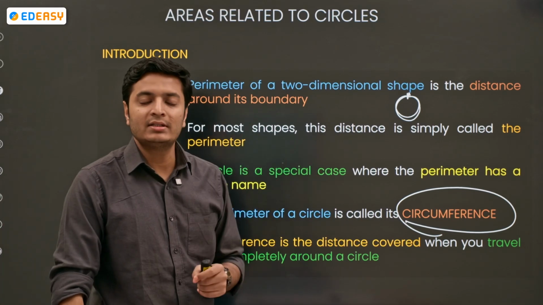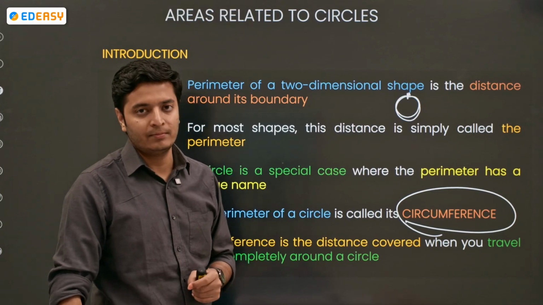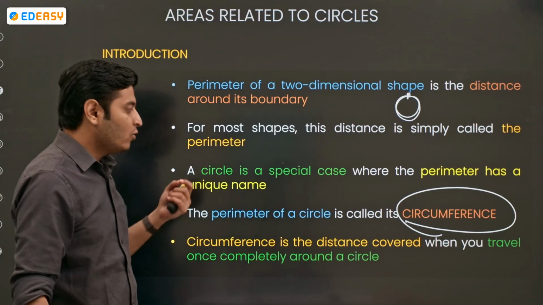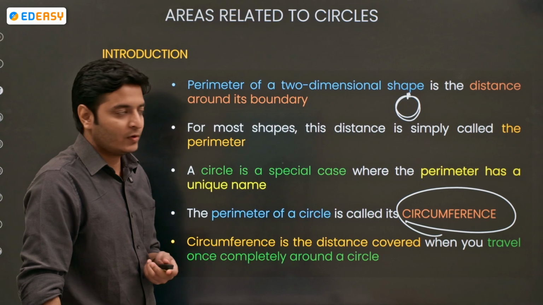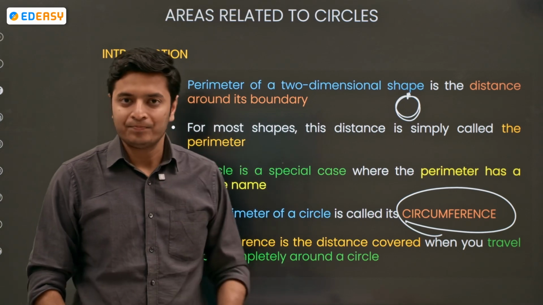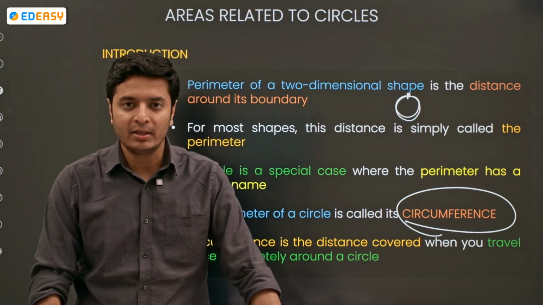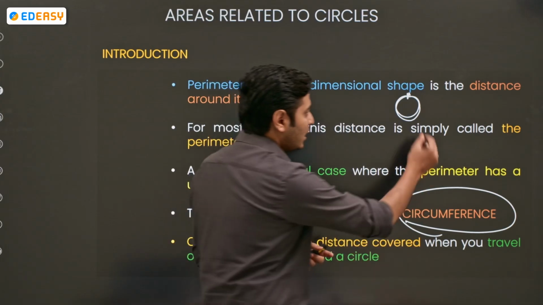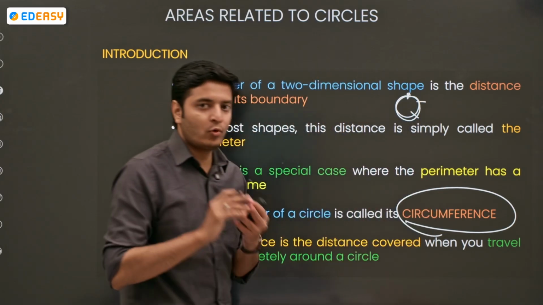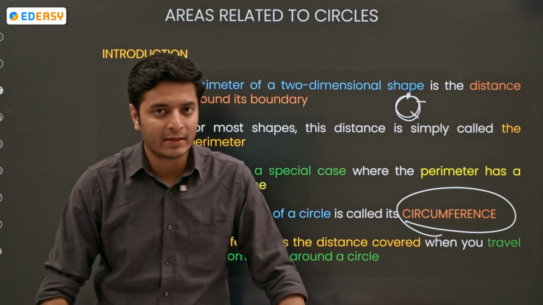This is known as the circumference of this circle, whenever we take a complete round of the circle. Now, understood the main part? So, an arc is nothing but a portion of a circumference, correct?